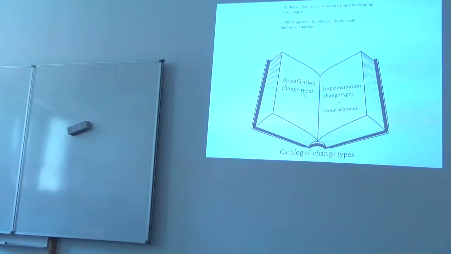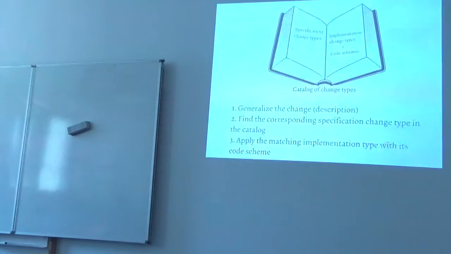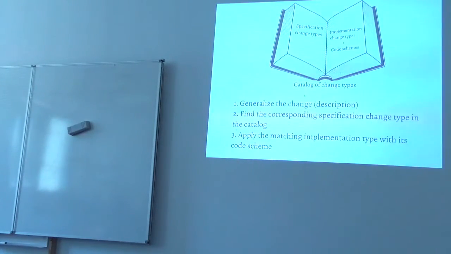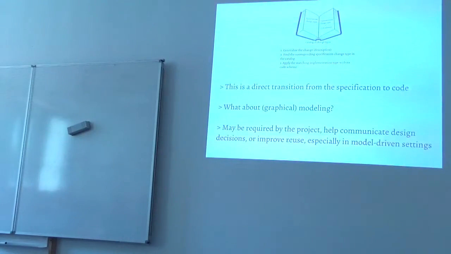And then what you need is just to adapt these. You arrive at a solution and you just need to adapt it. So you can have a catalog of change types, and if you proceed roughly as sketched here, which is what I told you, just rephrased in a bit different way, you can get to your implementation.